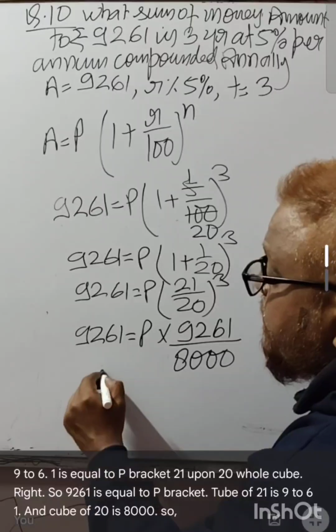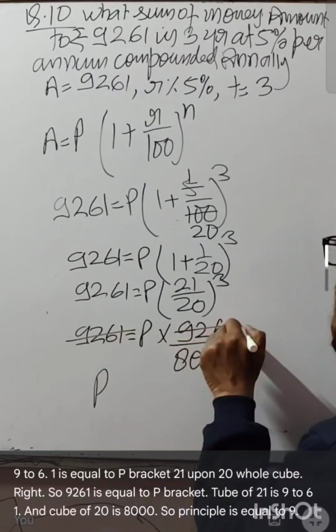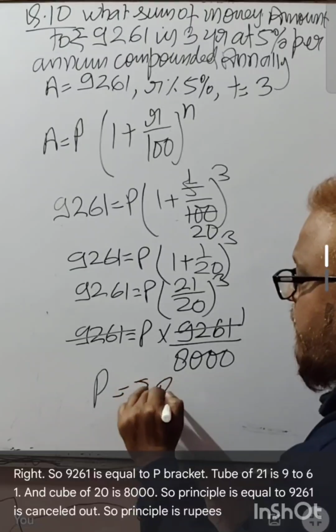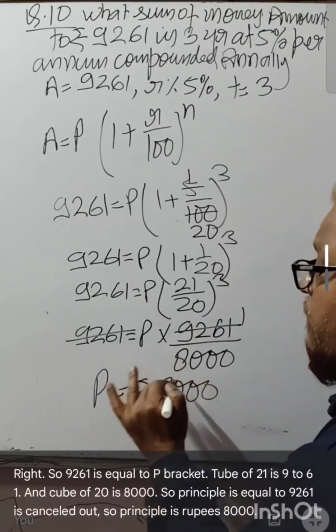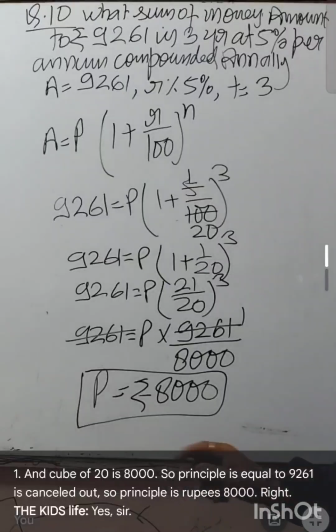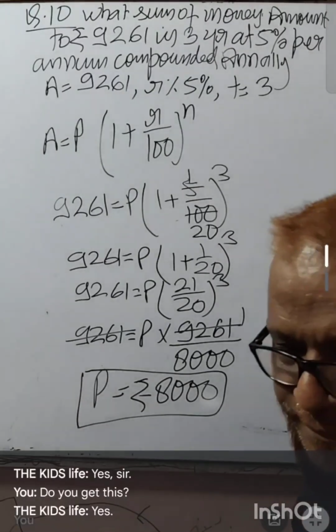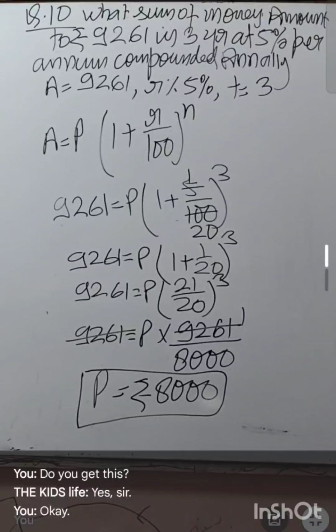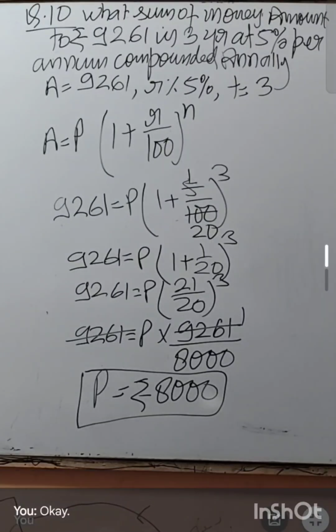So 9,261 is cancelled out, and principal is rupees 8,000. Do you get this? Done?